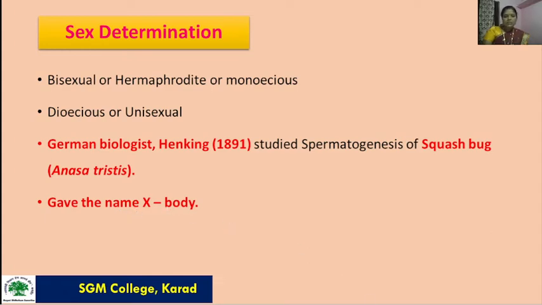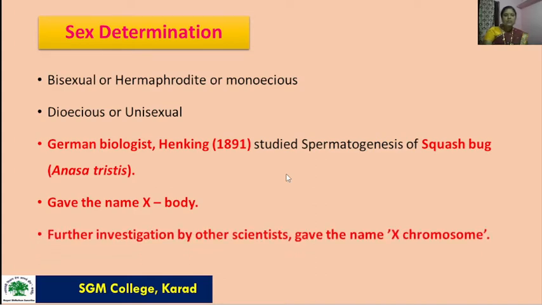Okay, that X body, the mechanism of Henking, was confusing. So this confusing mechanism was further investigated by scientists, which led to a conclusion about the X body. The further investigation by scientists gave it the name X chromosome.